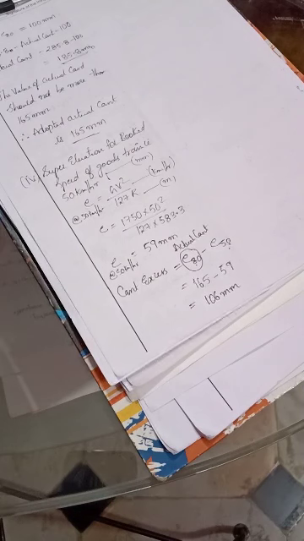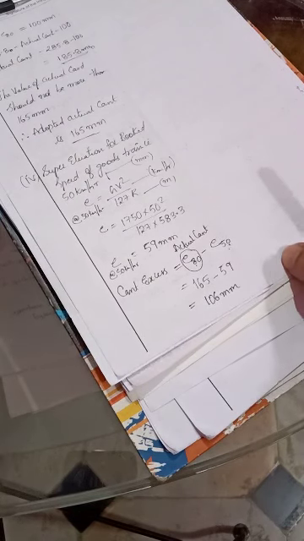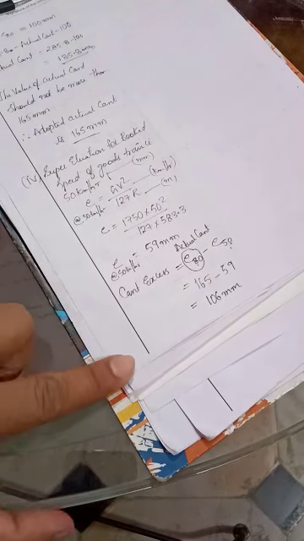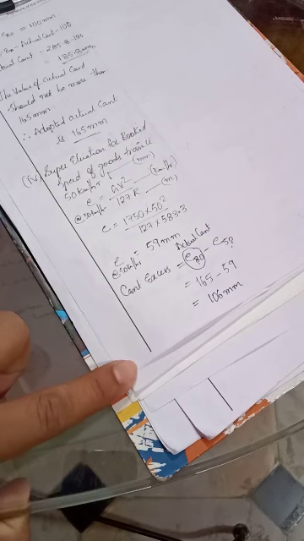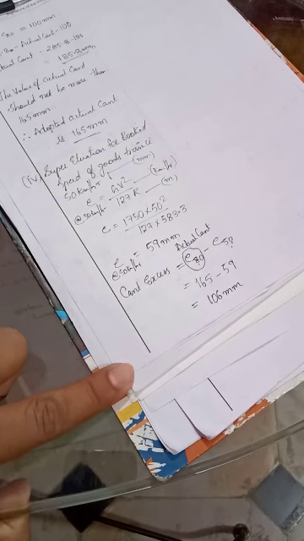What is the value of cant excess? The value of cant excess is nothing but 106 mm. Just revise, what is the maximum limit of cant excess?